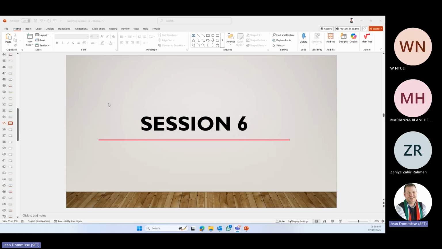We are starting with and looking at study unit 6. In the previous sessions we looked at discrete probabilities, and today we start with continuous probability.